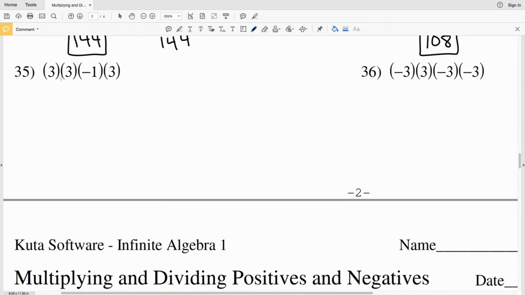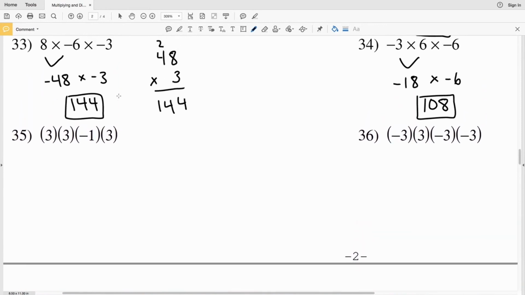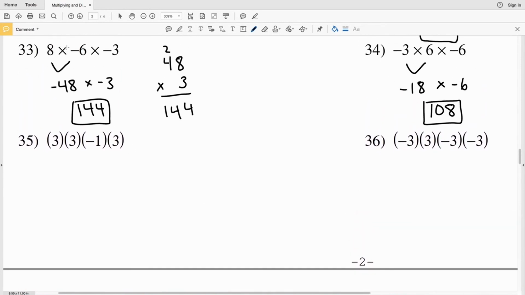Number 35, we have 3 times negative 1 times 3. They wrote this a little differently from the previous problems because as opposed to using the multiplication sign, they just put brackets around all of their terms. So multiplication happens between each of those terms. So 3 times 3 is going to be a positive 9, since both are positive, and then we're going to be left with times negative 1 times 3.